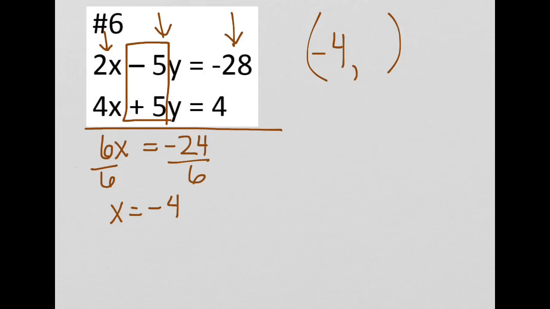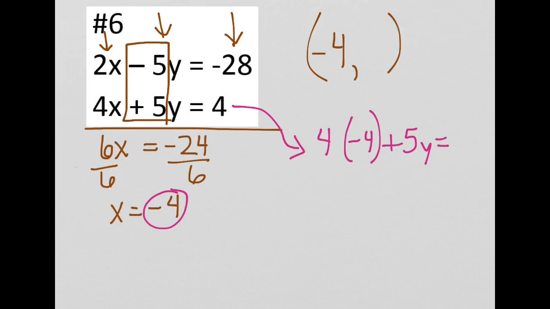To find out what y is, we're going to plug negative 4 back into one of these equations to solve for y. We already know that x equals negative 4, so if I stick it in the second equation, I get that 4 times negative 4, because x equals negative 4, plus 5y equals 4. Let's go ahead and multiply. 4 times negative 4 is negative 16, plus 5y equals 4.